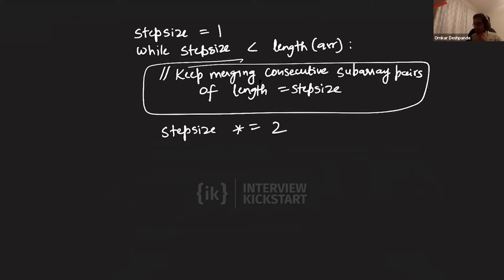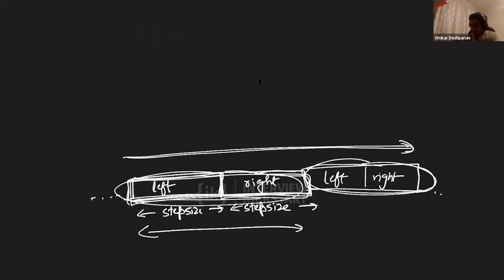How do we merge consecutive subarray pairs of length equal to step size? We might have to do that many, many times because in the same level, there might be many such subarray pairs. So, let's say this value is first, this value is second.